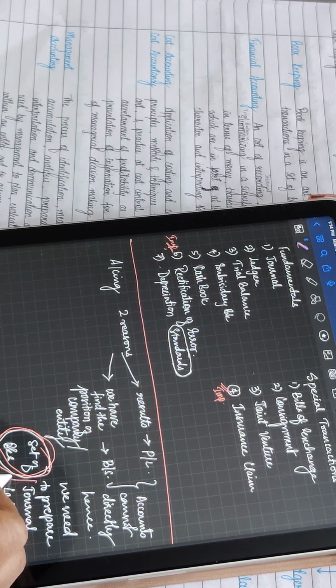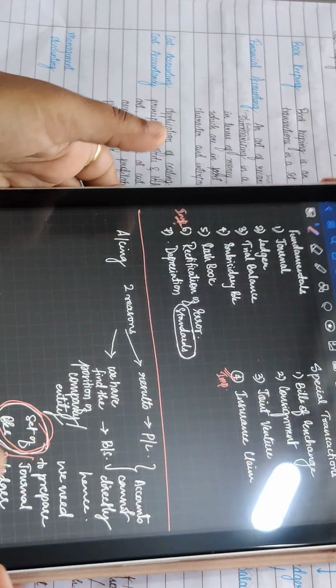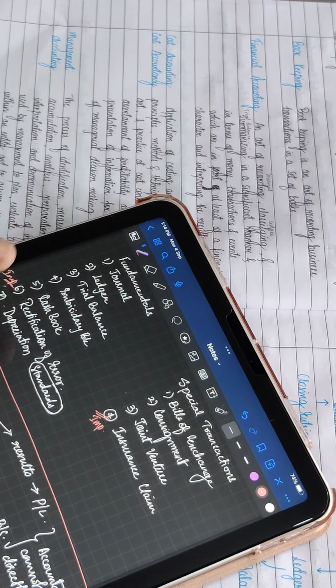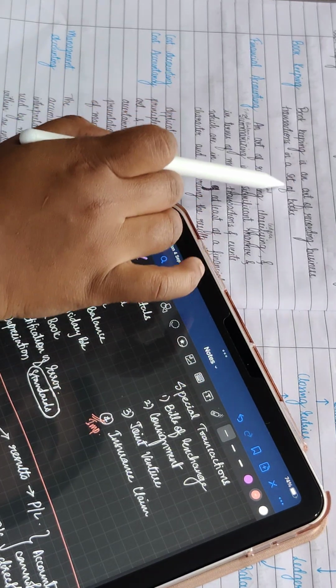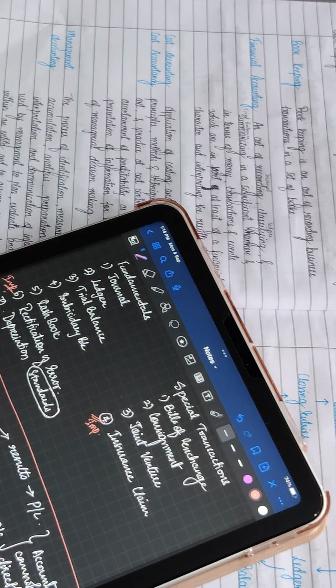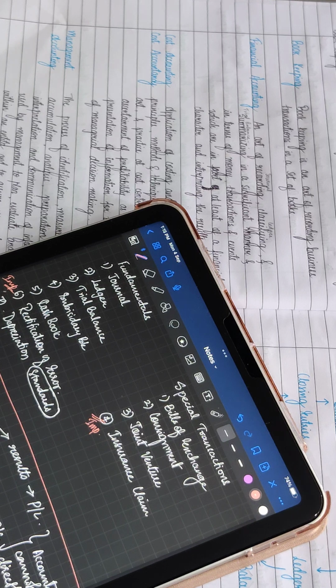These are the books: journal, ledger, trial balance, subsidiary books. Nowadays bookkeeping is computerized. We have software developed, and in that we record all the transactions.